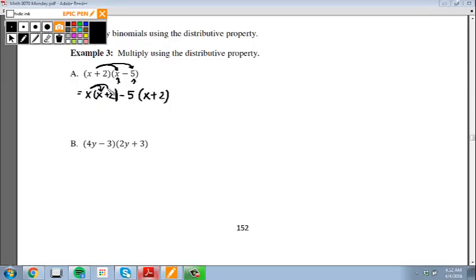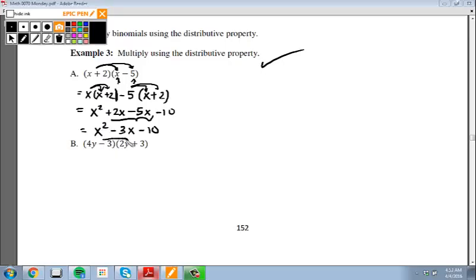Then I'm going to distribute the x again and the 5 here. So I have x squared plus 2x minus 5x minus 10. Then combine the like terms, so x squared minus 3x minus 10. Again, like I said, not all of you will end up using this method. It's just one of the ways to do this particular problem.